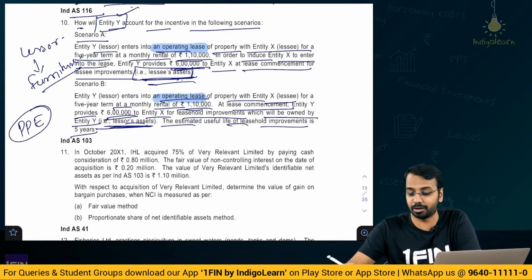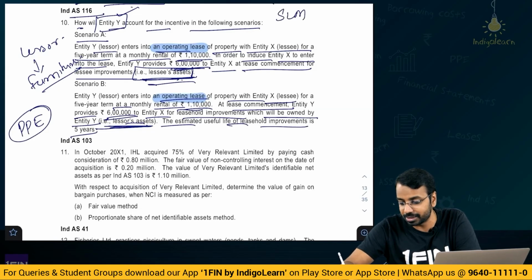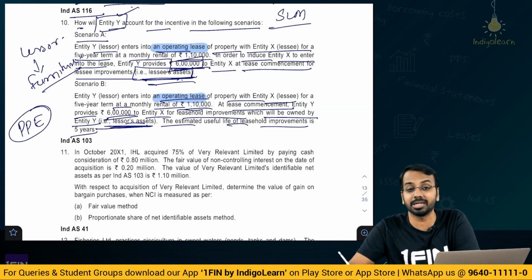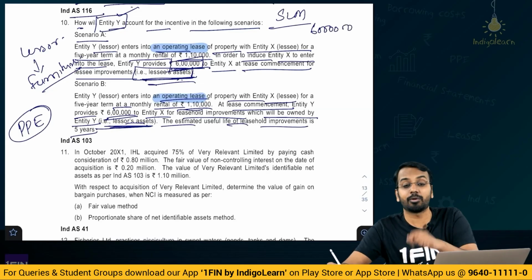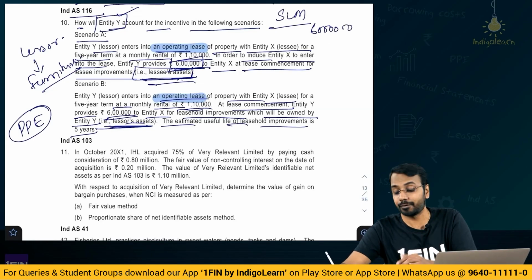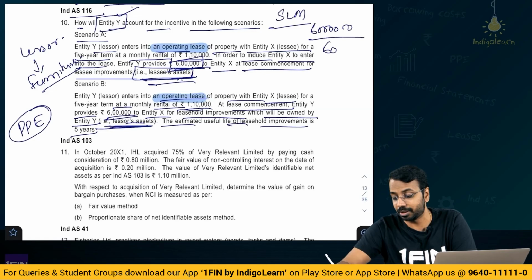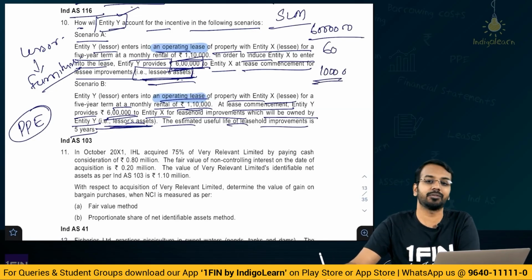See, for lessor, if it is an operating lease, you will recognize the income on SLM basis. Now here, you have given 6 lakhs upfront for how many years? 5 years. So 6 lakhs that you have given as incentive upfront over a period of 5 years, that is 60 months. Each month you will recognize an expense of 10,000.